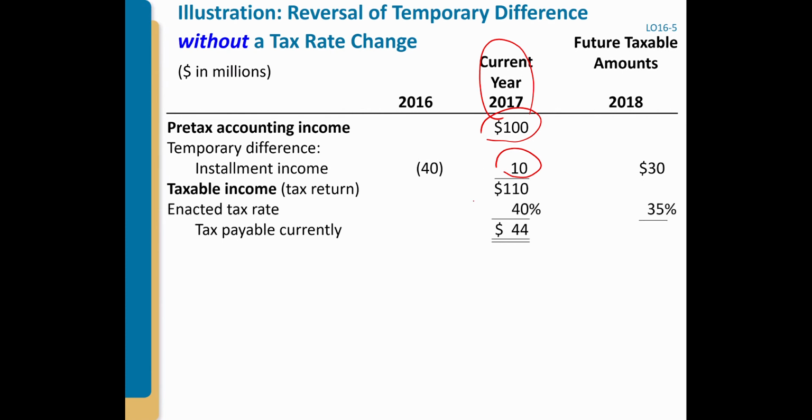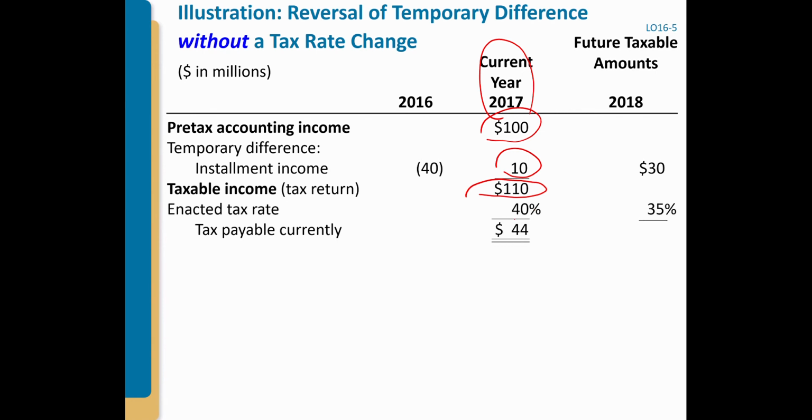So that's why our taxable income is 110, right? 100 plus 10. You need to pay more tax, right? In 2016, you paid less tax, right? So now you need to pay more because 10 was the future taxable amount from 2016, and now it's a taxable amount. So the total is 110.